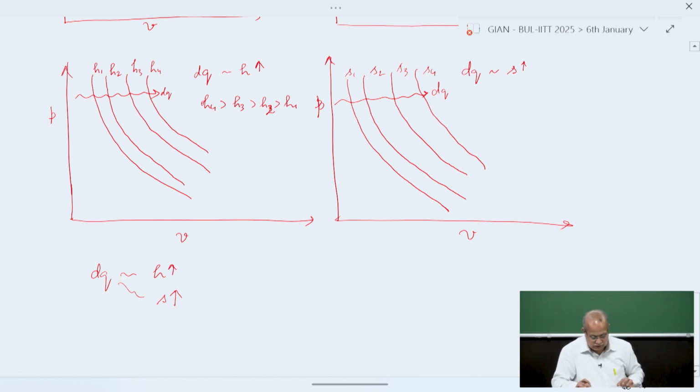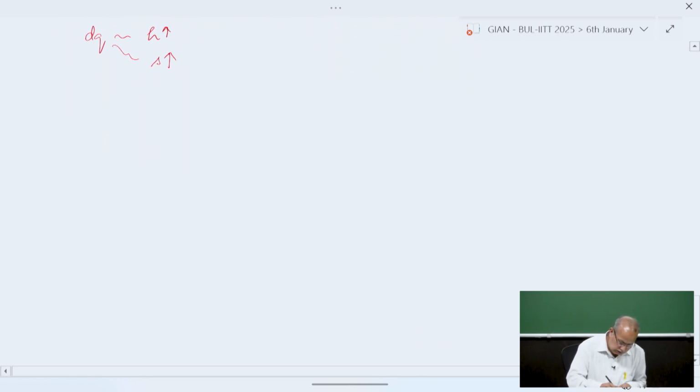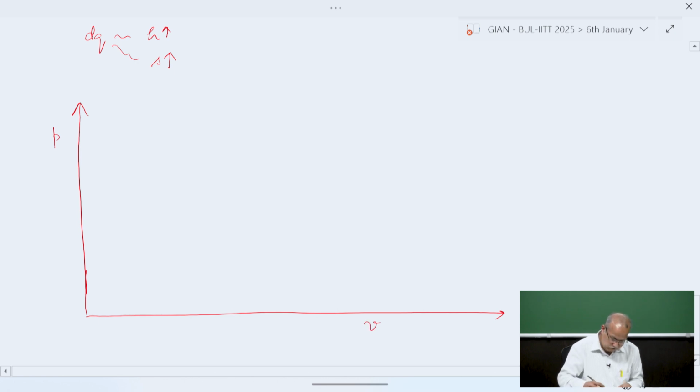Now with this understanding, we are going to superimpose the Rayleigh line onto the H line as well as the S line. Okay, so if we try to do that, let me V. Now this is the R line.